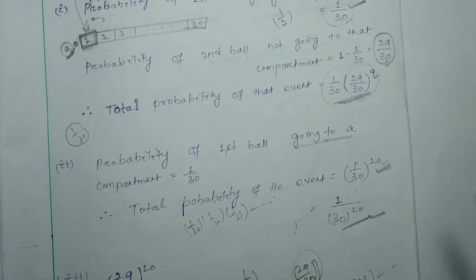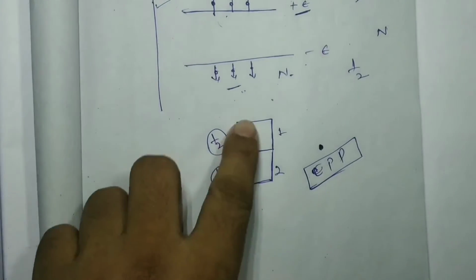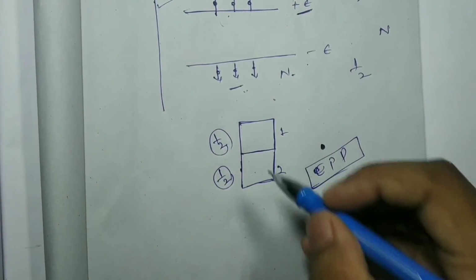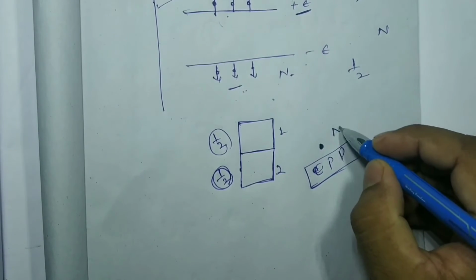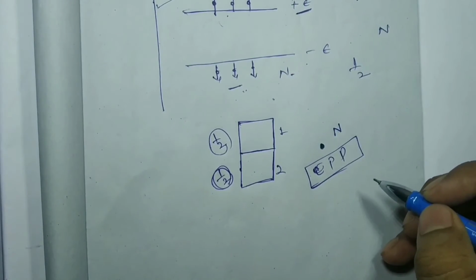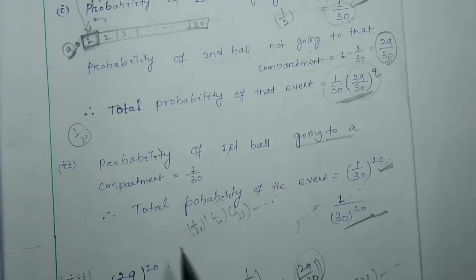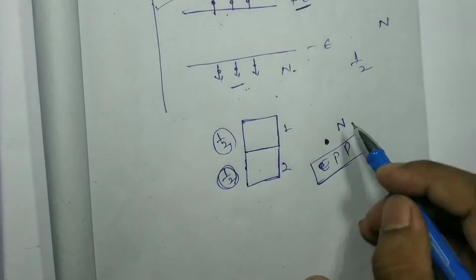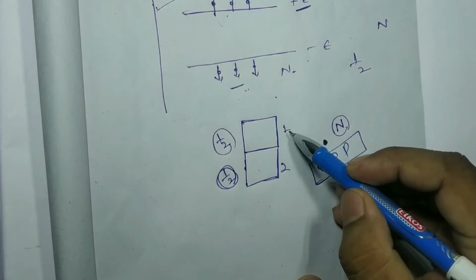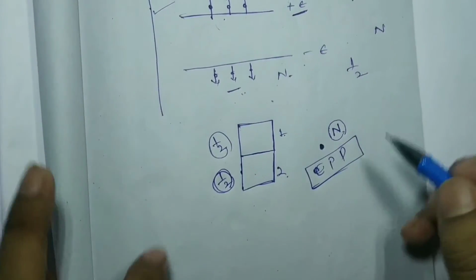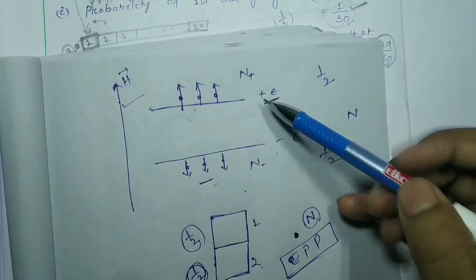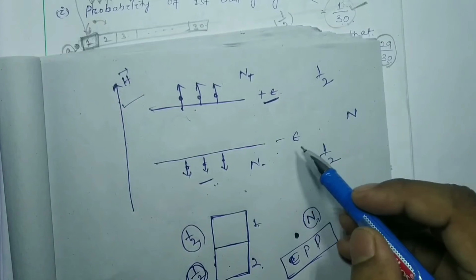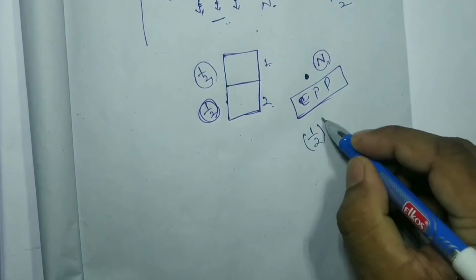Here, as we have two compartments, each has probability 1 by 2. The total number of particles is n. So the total probability of the event, that n particles distribute between the energy state plus epsilon and the energy state minus epsilon, will be 1 by 2 to the power n.